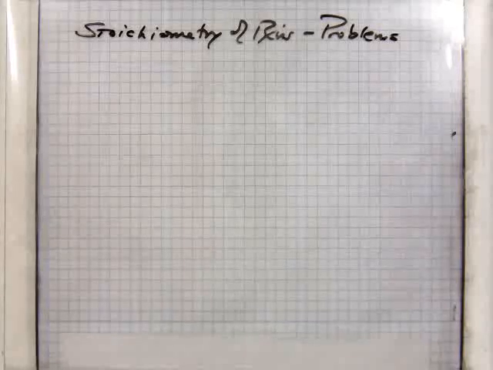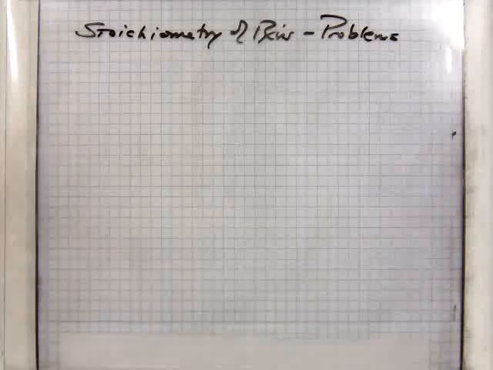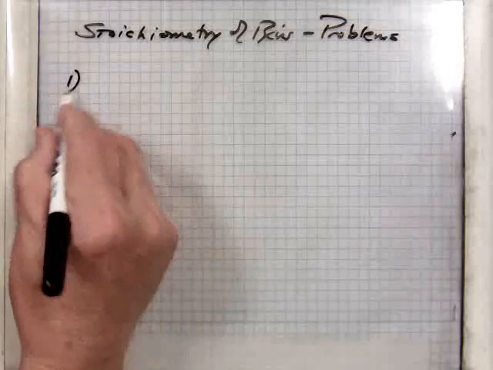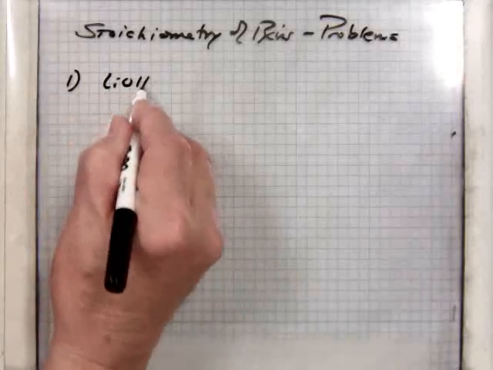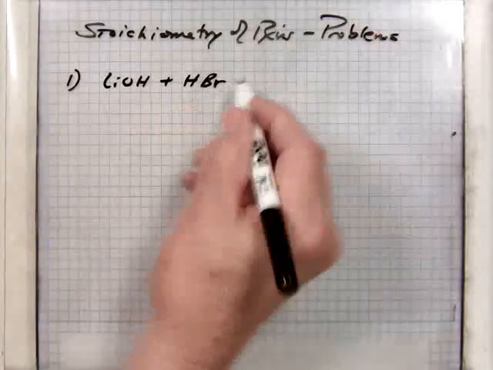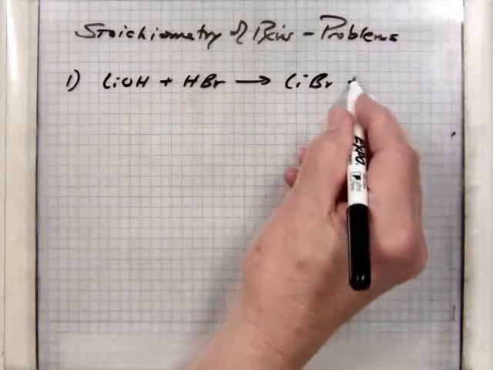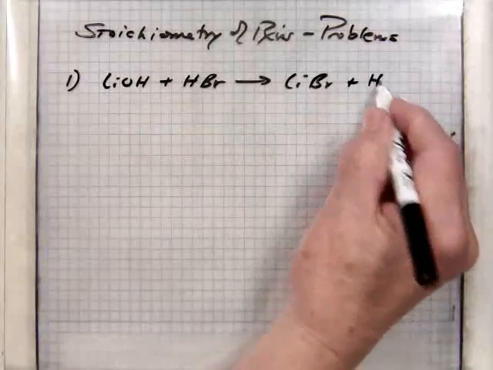But this I find is the most direct, using the mole concept, dimensional analysis, however you want to do it. Okay, it says here, given the equation, lithium hydroxide plus hydrobromic acid going to lithium bromide and water.